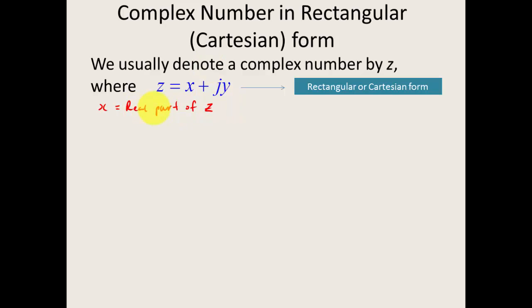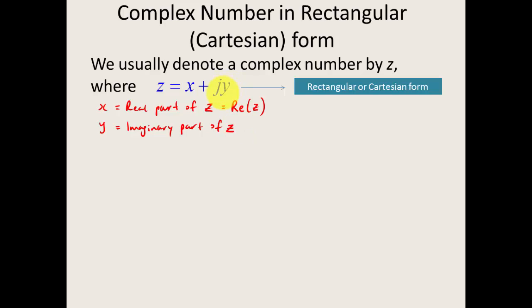Another way to write real part of z in a shorter form is to write Re(z). This also means real part of z. So similarly, y must be the imaginary part of z. Why is it called the imaginary part of z?